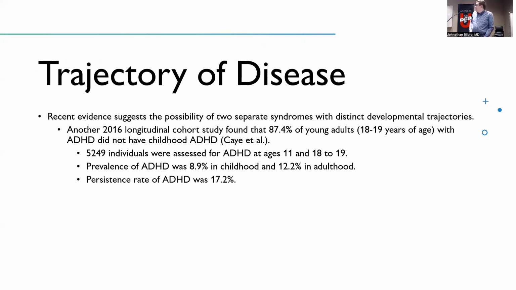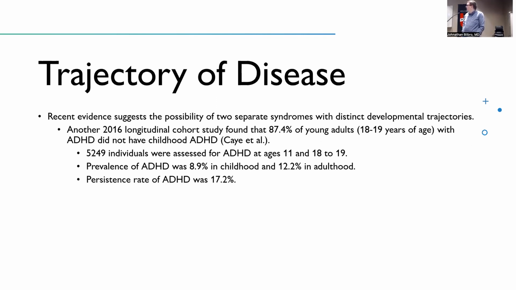And then finally, another 2016 longitudinal cohort. This one, I believe, was from Brazil, and also looked at this issue. It included over 5,000 individuals. They were assessed for ADHD at age 11, and then again at either 18 or 19. In this case, the prevalence of ADHD was around 8.9% in childhood and actually higher at 12.2% in adulthood.